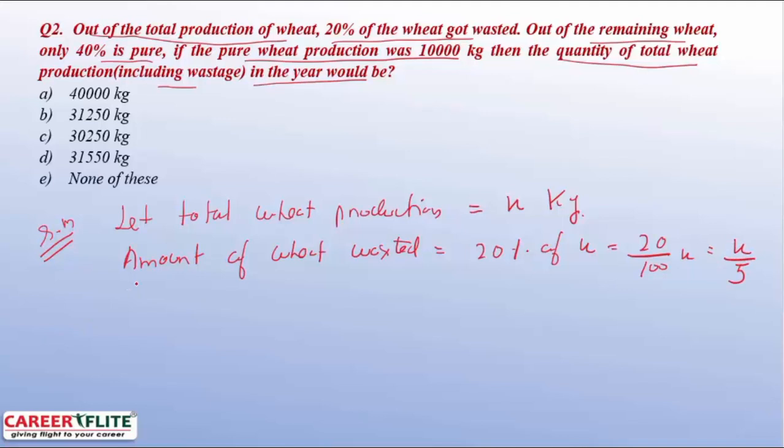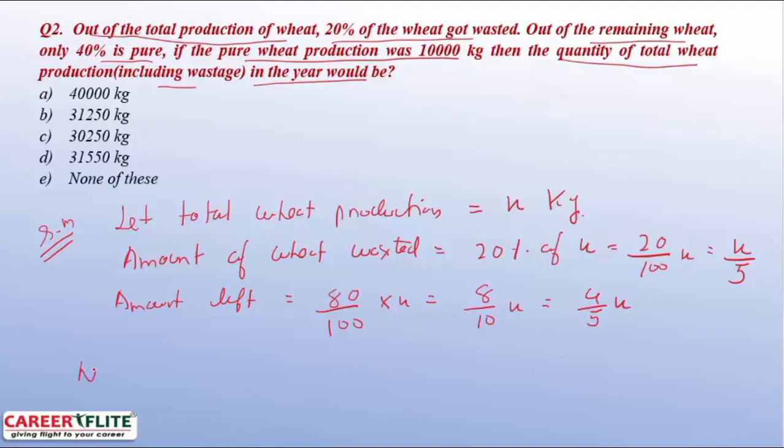Since the amount of wheat wastage is x by 5, what will be the amount left? From 100%, if 20% is wastage, the remaining amount will be 80%. So it will be 80 by 100 into x, that is 8 by 10 x, or you can write 4 by 5 of x.